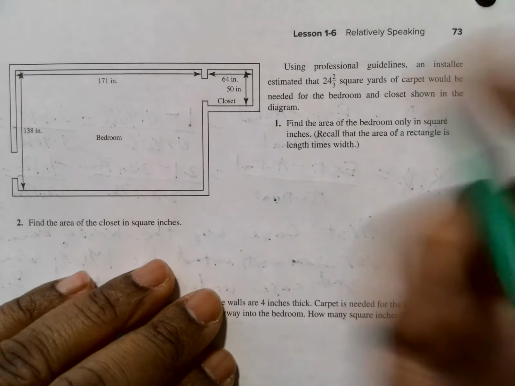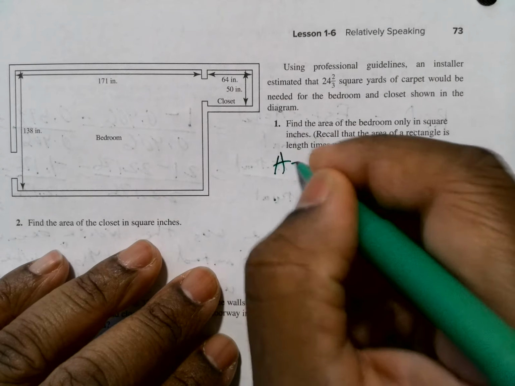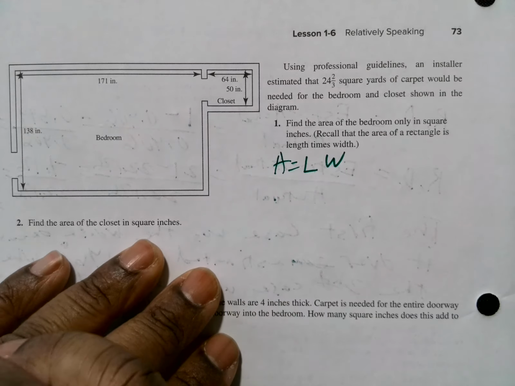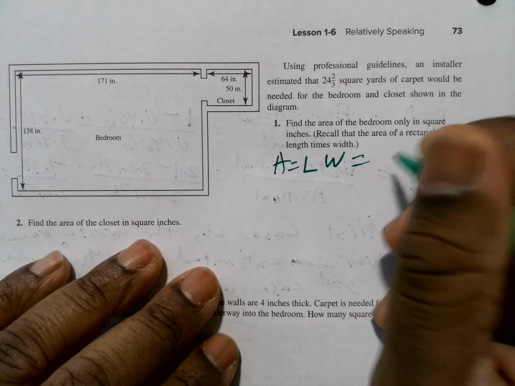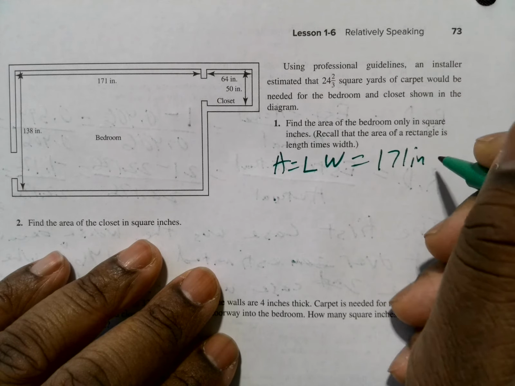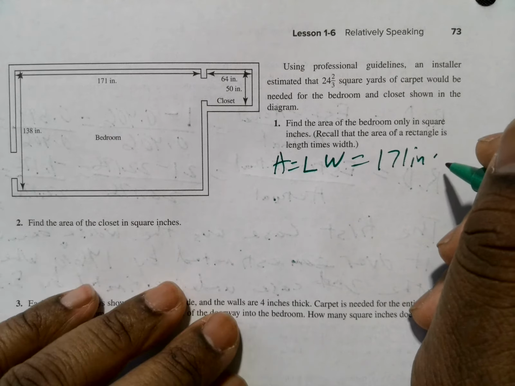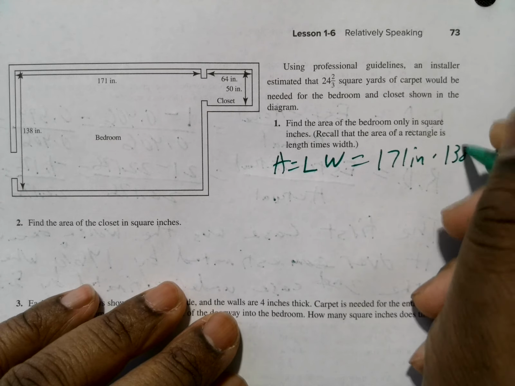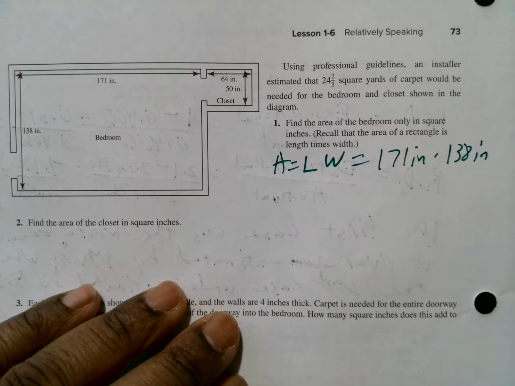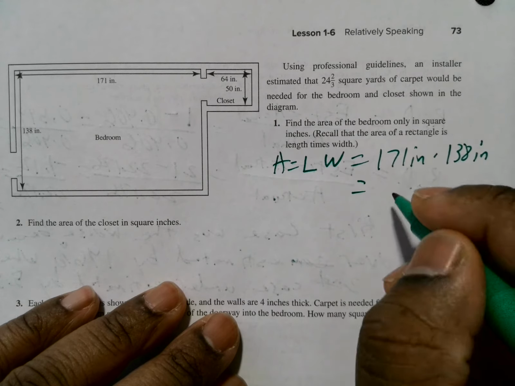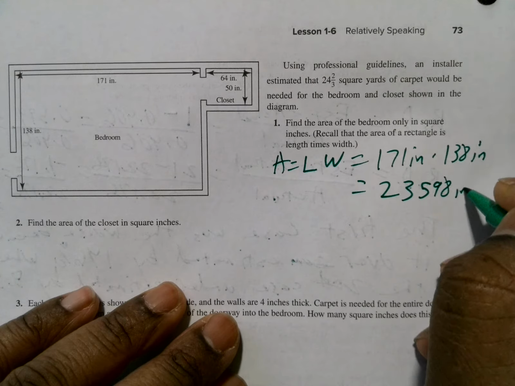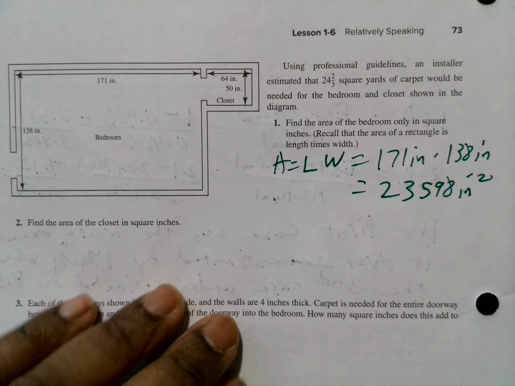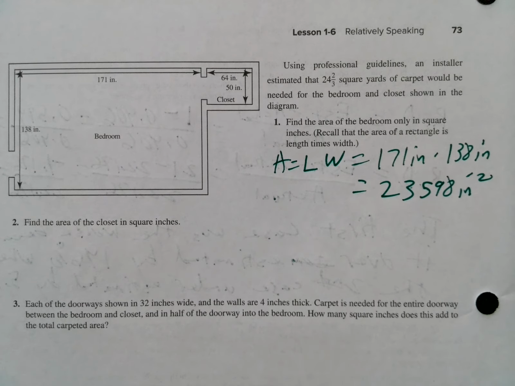The area is equal to length times width. The area would be 171 inches multiplied by 138 inches. When we multiply this out, it gives us 23,598 square inches, because inches times inches is square inches.